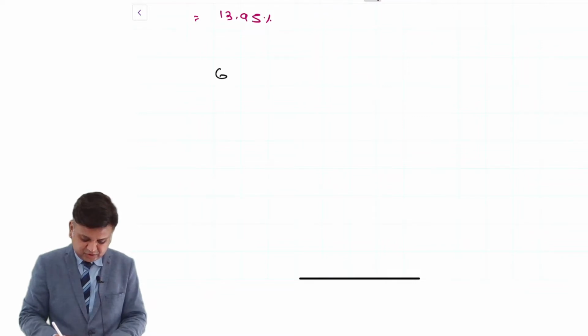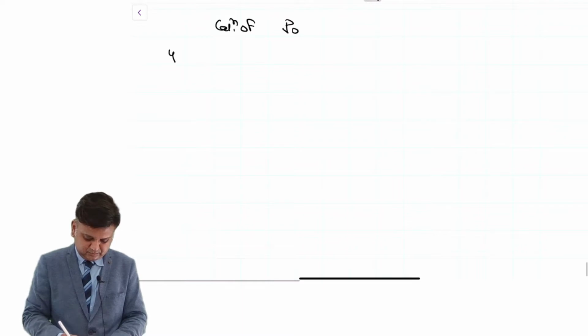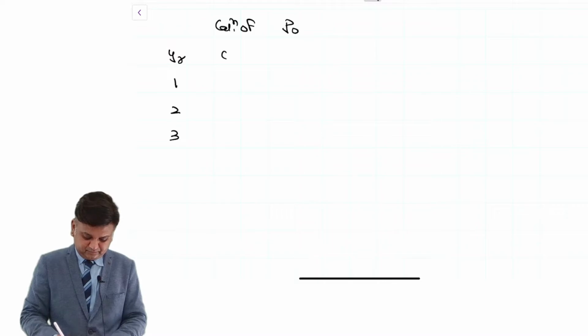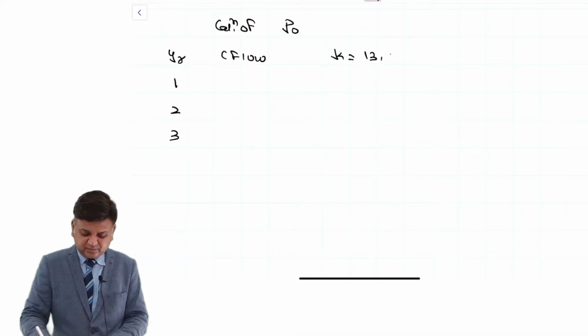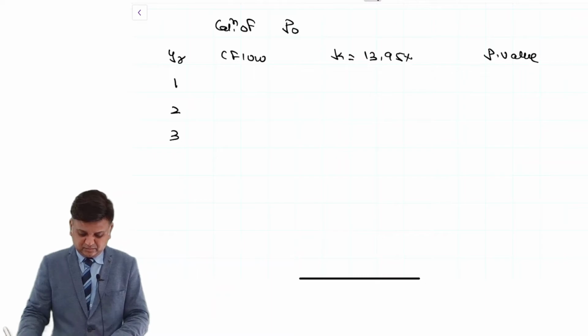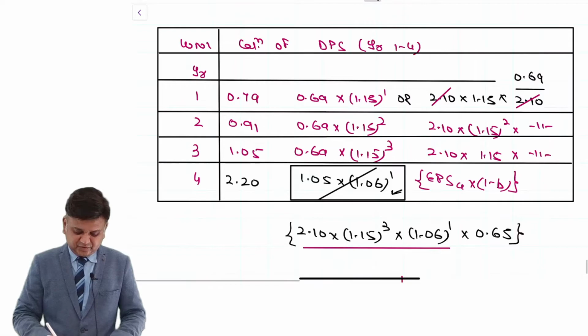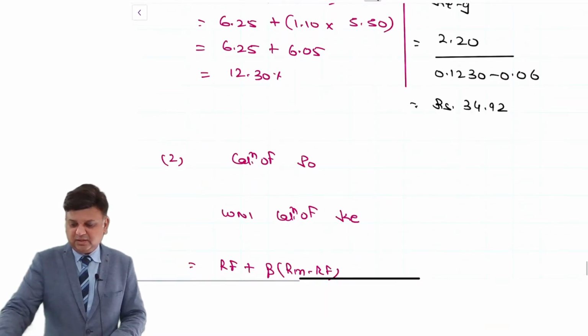And lastly, calculation of P0. First year, second year, third year. Cash flow, discounting at 13.95 and present value. So first year it is 79 paise, second year it is 91 paise, third year is 1.05 and 34.92.